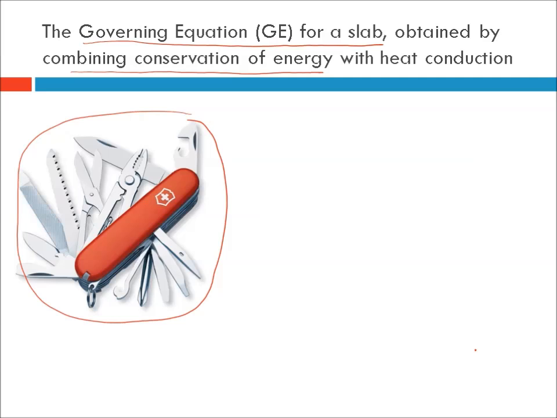A toolbox has many tools. For most cases, you don't need all of them simultaneously. So you take out the tool that you need for a job. This is how you want to see it. But all the tools are there together. So that's exactly what the governing equation is.